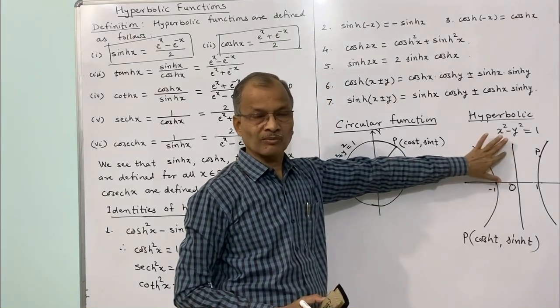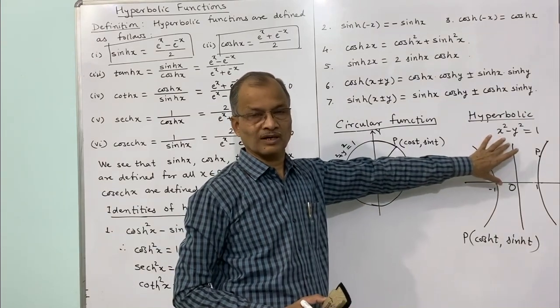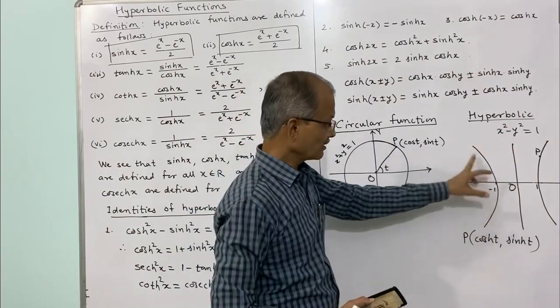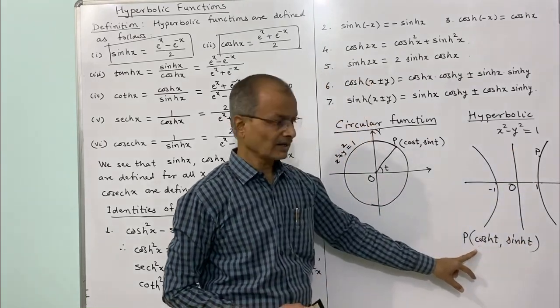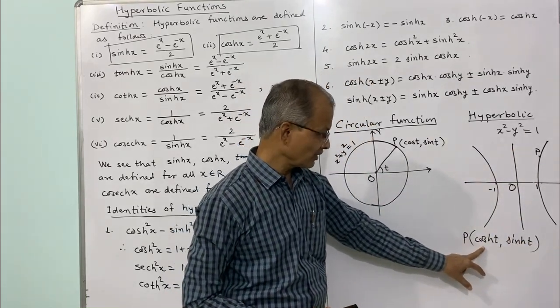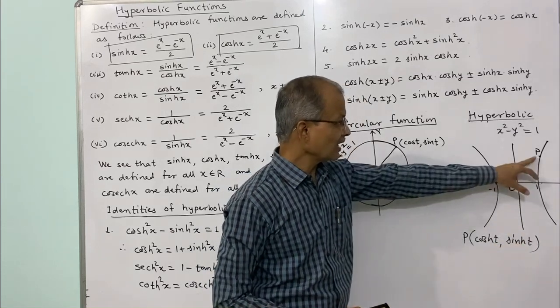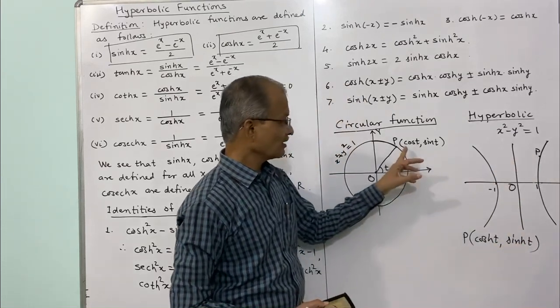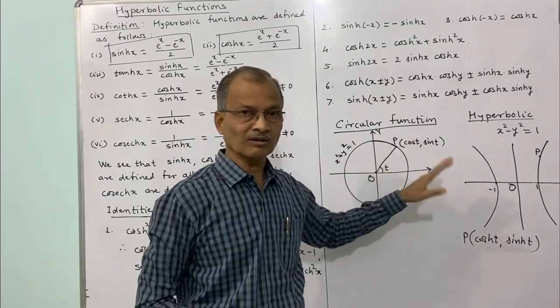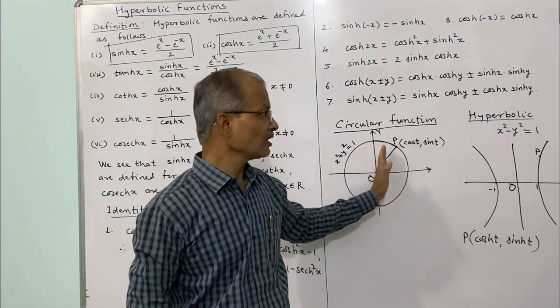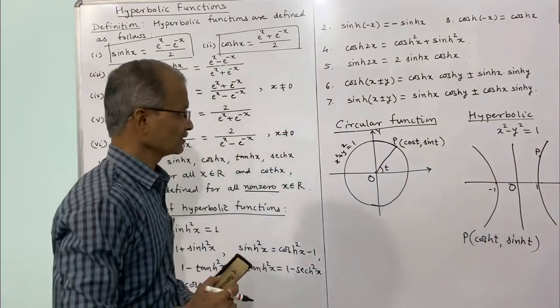You have studied hyperbola in conic sections in 12th standard, and the curve has two branches, and if we take the coordinates of a point as cos hyperbolic t, sin hyperbolic t, then that lies on this curve. Here cos t, sin t lies on this circle. So this is the relation or the difference between circular functions and hyperbolic functions.